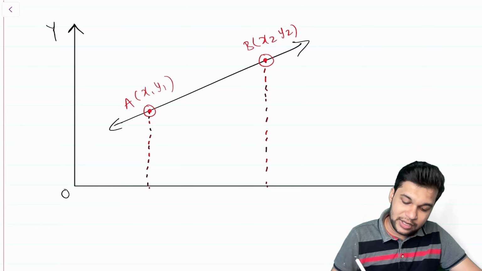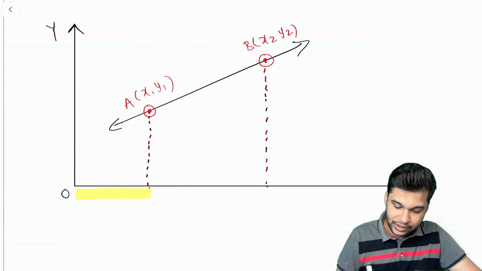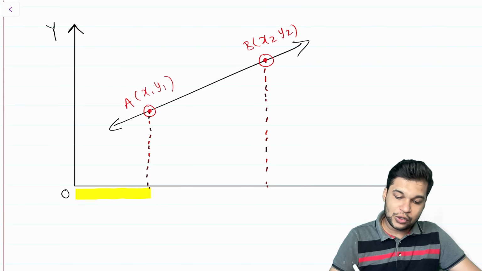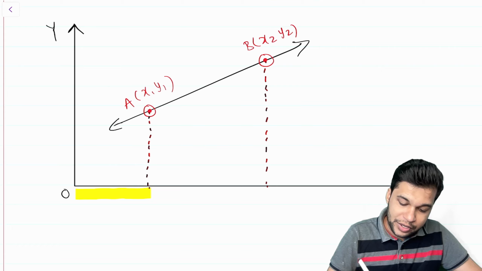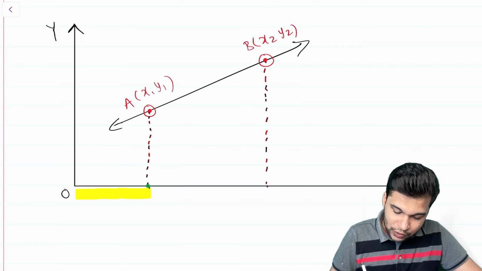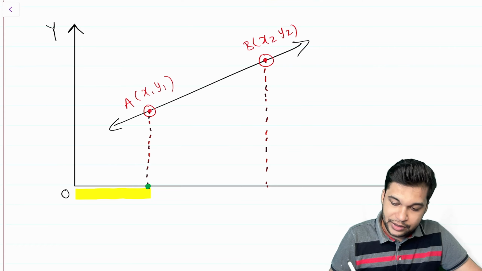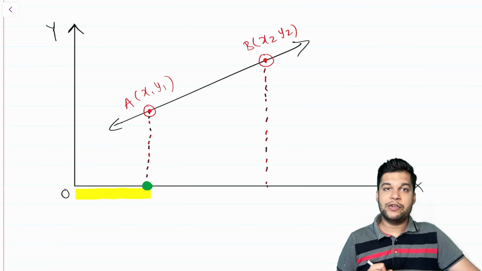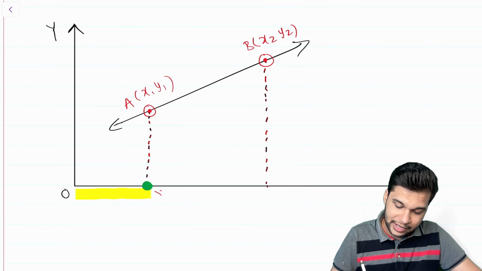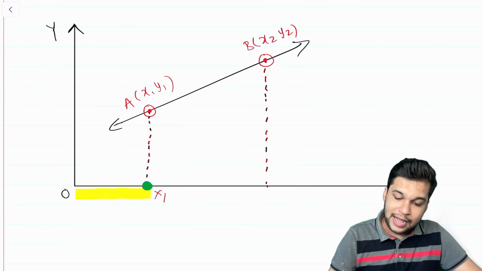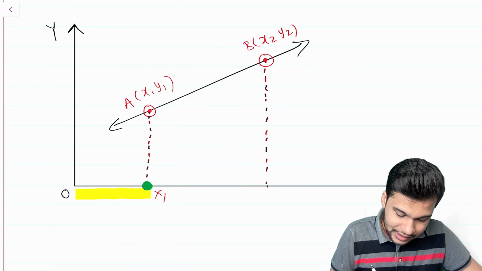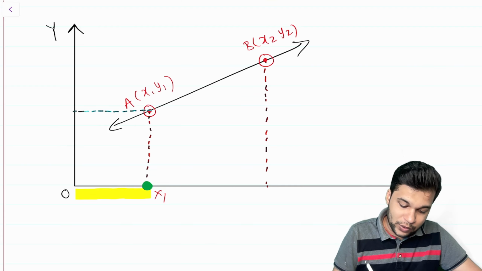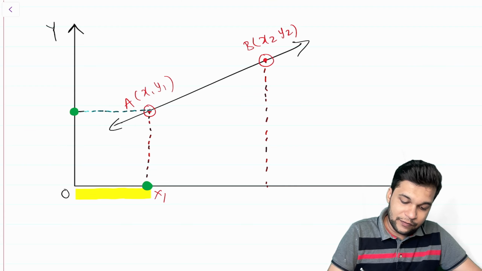Okay, can you tell me what is this distance over here? Can I say this distance is x1, because this coordinate over here will be x1, right? And if I extend it over here, something like that, this coordinate over here will be y1.